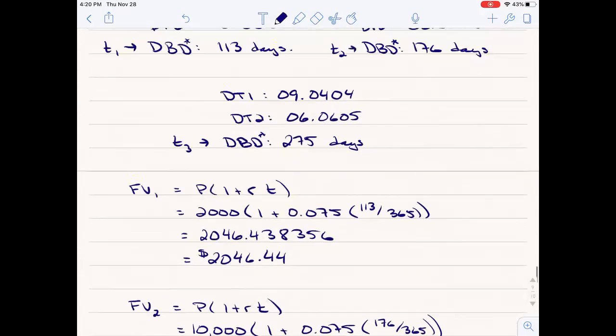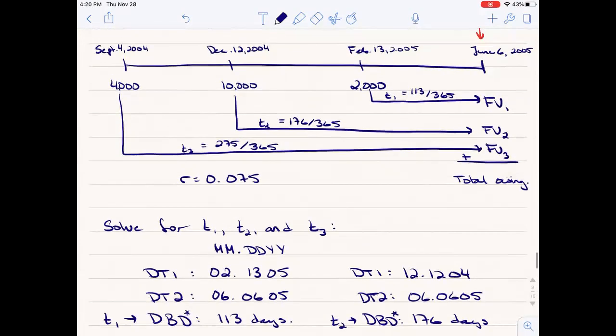Going back to our timeline, right? We want to find the total owing. So we're going to add up future value 1, 2, and 3.